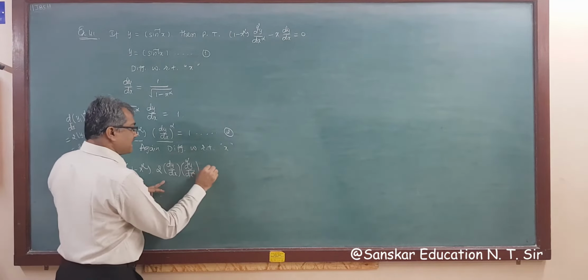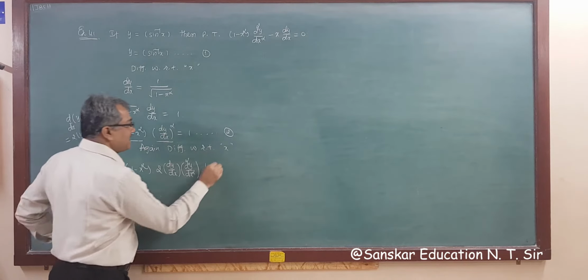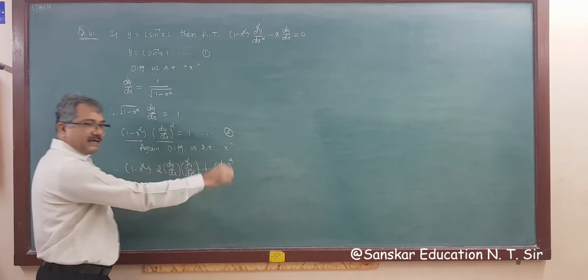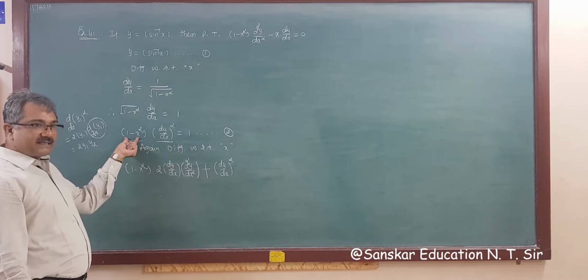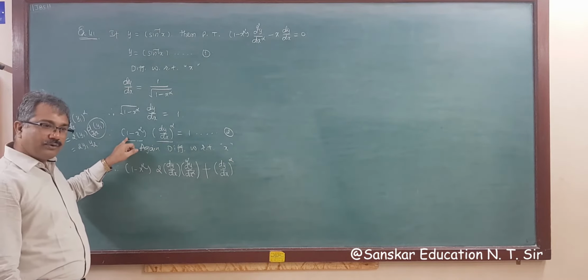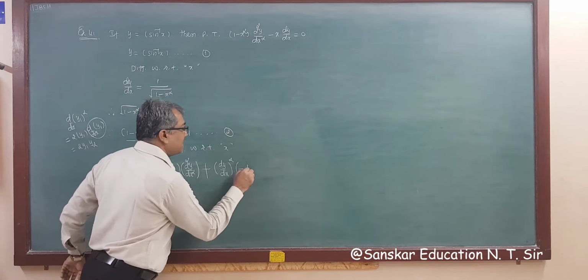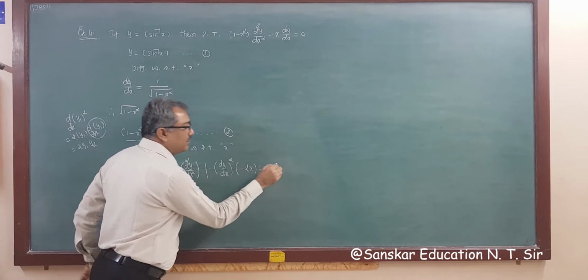Now plus this is as it is. So (dy by dx) whole square as it is, and derivative of 1 is 0, minus derivative of x square is twice x, is equal to 0.